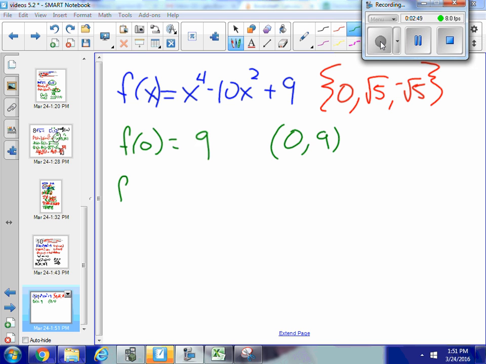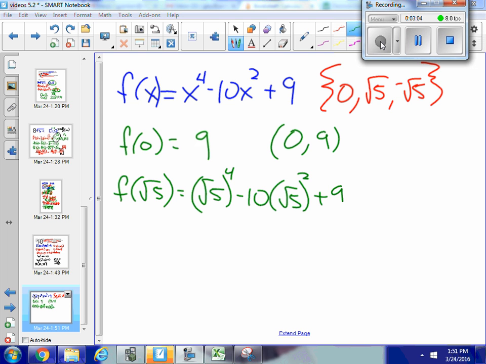What about f of radical 5? Well, that's going to be radical 5 to the 4th power minus 10 radical 5 squared plus 9. That's 25 minus 50 plus 9. That's equal to negative 16.